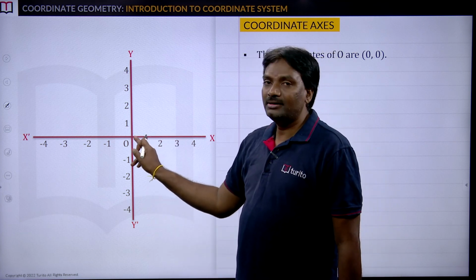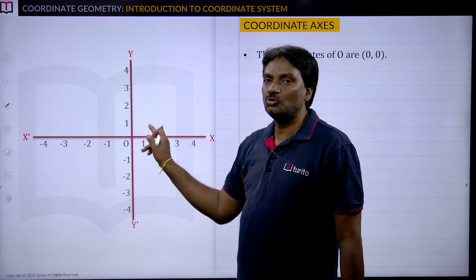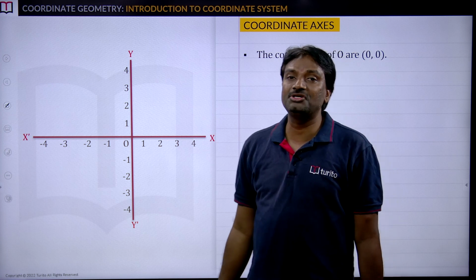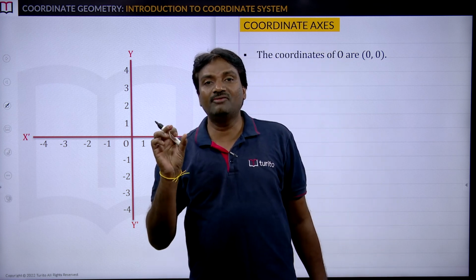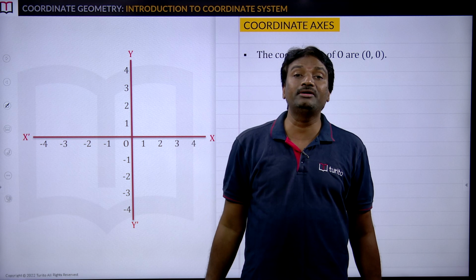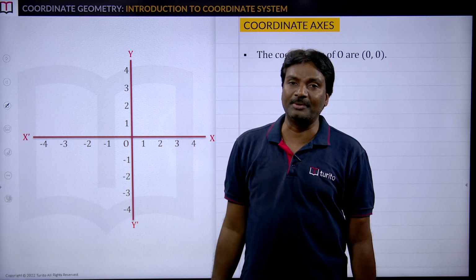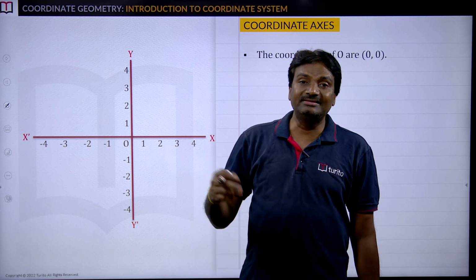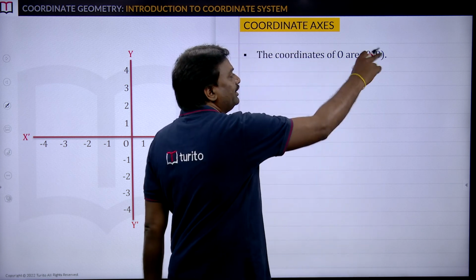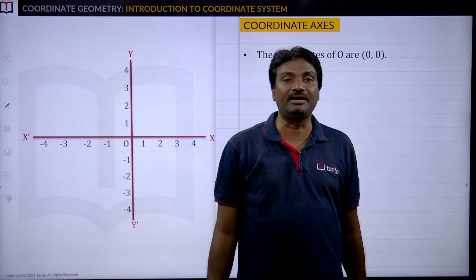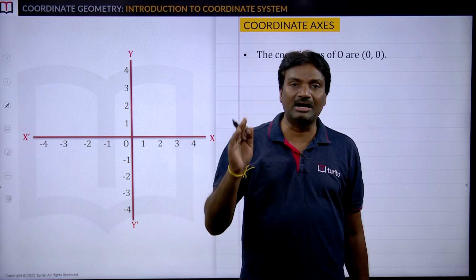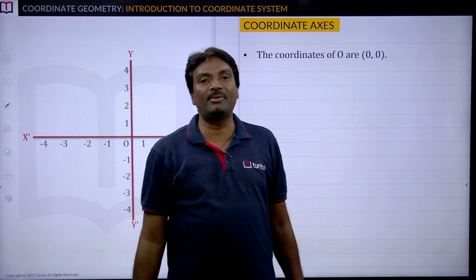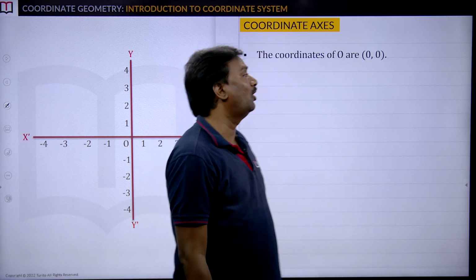Here, this point of intersection of these two axes is origin, where we can take the coordinates of origin as 0 comma 0. Coordinates of a point means you have to take the ordered pair. In the ordered pair, if the first number is 0 and the second number is also 0, then we can say that is origin. So remember, throughout this chapter, throughout coordinate geometry, the coordinates of O are 0 comma 0. O is nothing but origin.